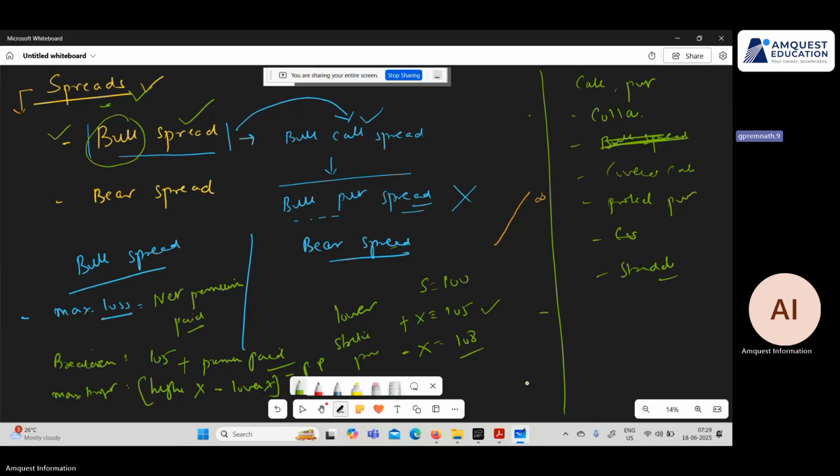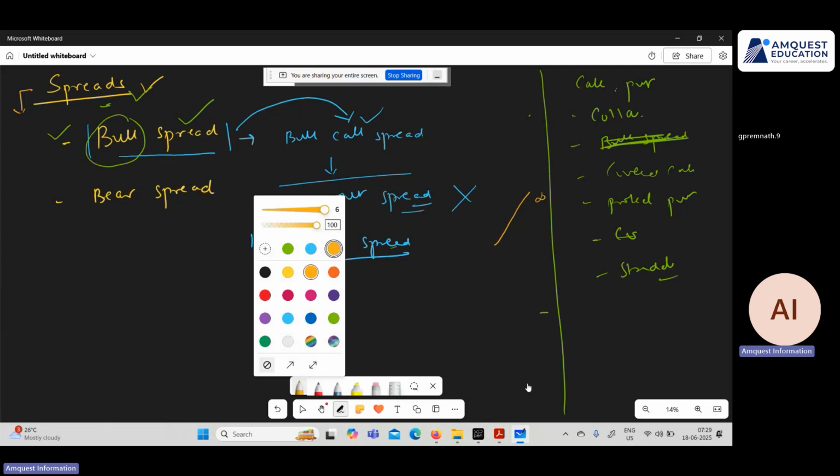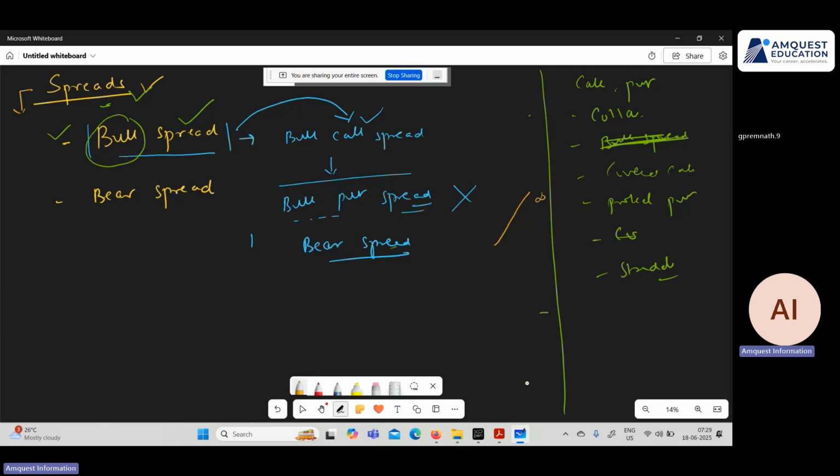Right? All right. If you're okay with this, let's just quickly recap on bear spread then. What would be my maximum profit, maximum loss, and break even? Maximum loss would be net premium paid.